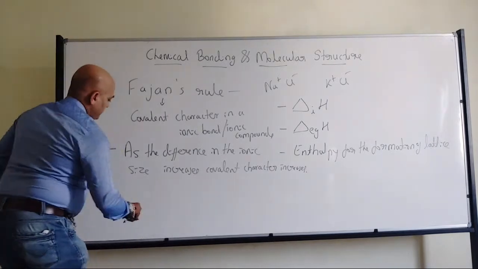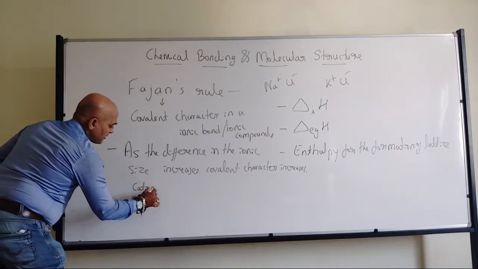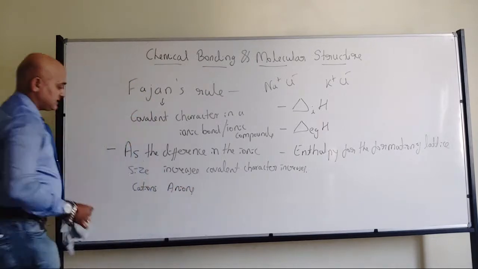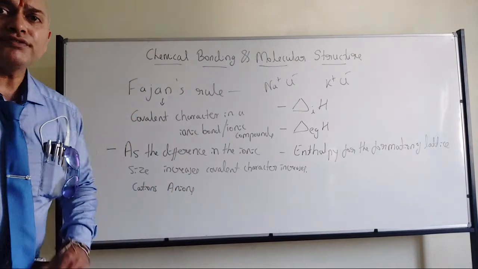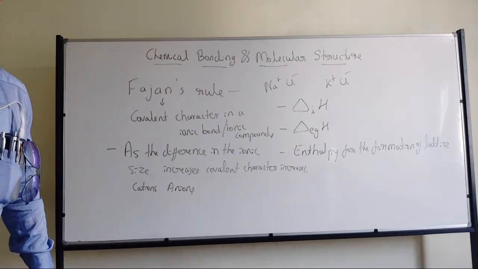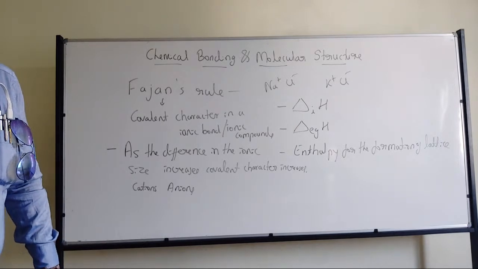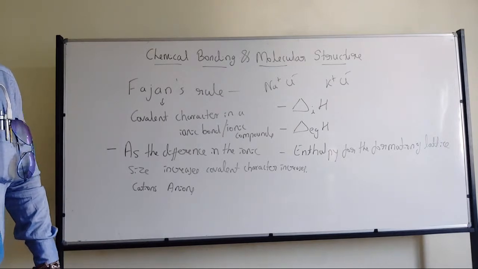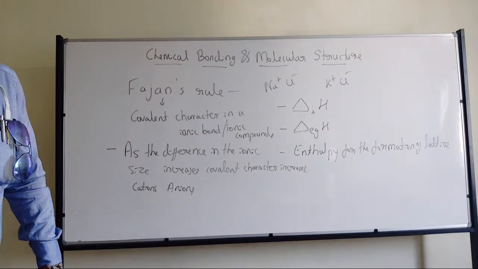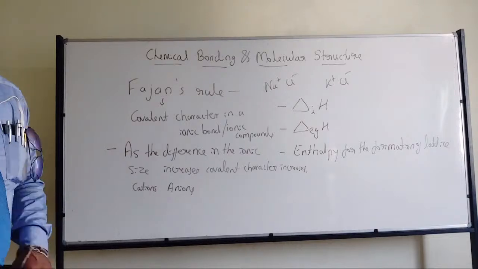For example, when I am talking about an ionic compound, there will be presence of cations and there will be presence of anions. Now, can any one of you tell me which will be the larger ion, anion or cation? Which will be of larger size? Whose ionic radius will be high? Anyone?